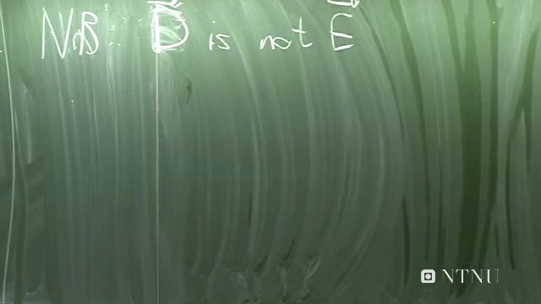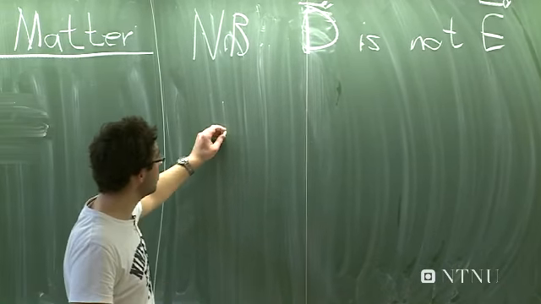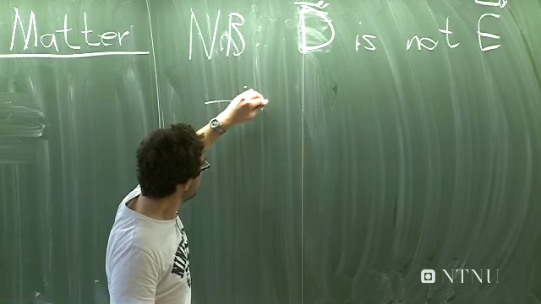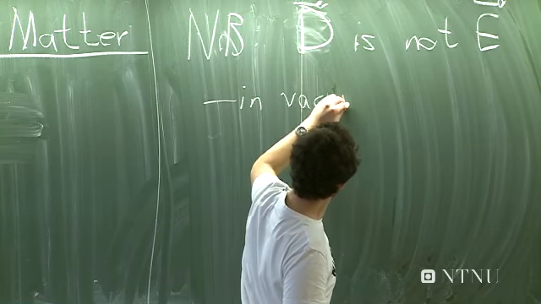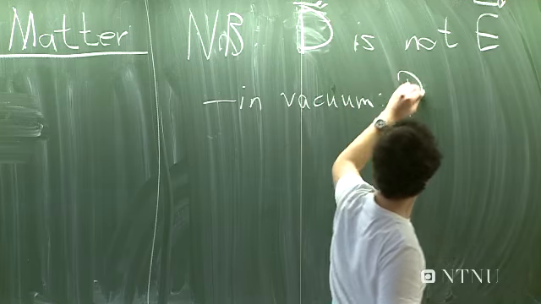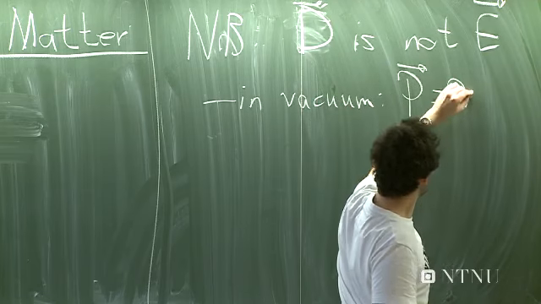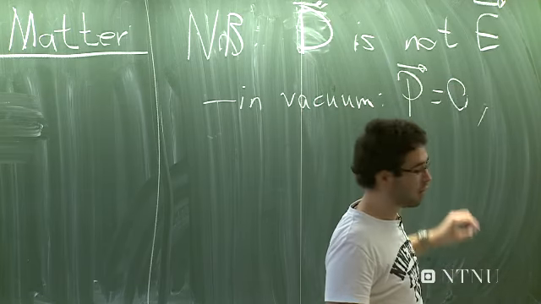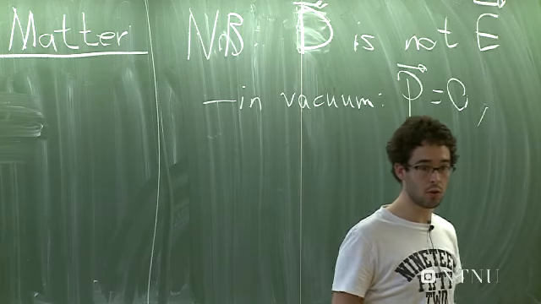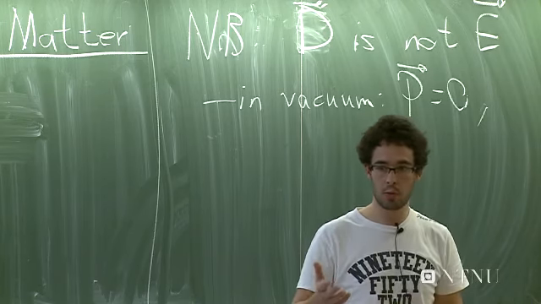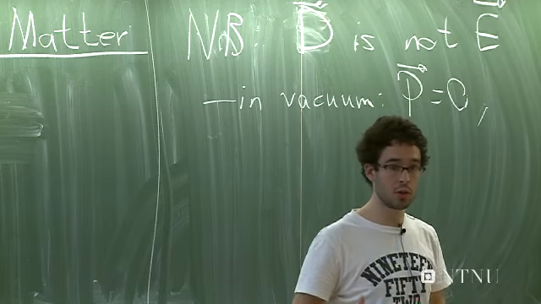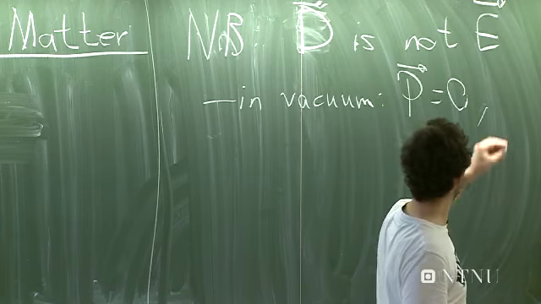For example, in vacuum, the polarization is 0, and then the D field is just proportional to the E field. That's why you might think it's a good reason to just use the D field. In the vacuum, there's no difference, so to speak.